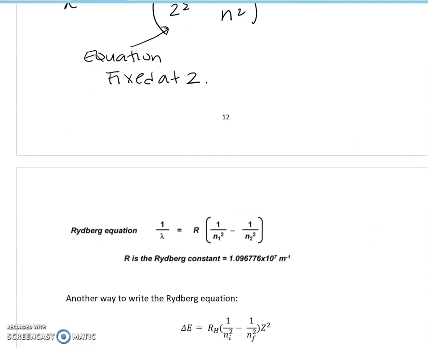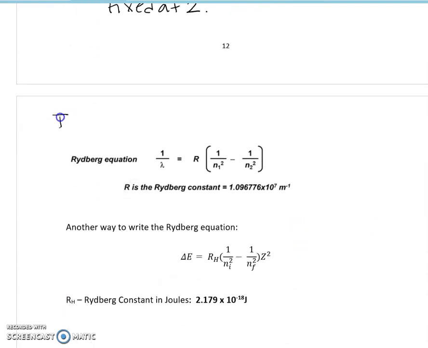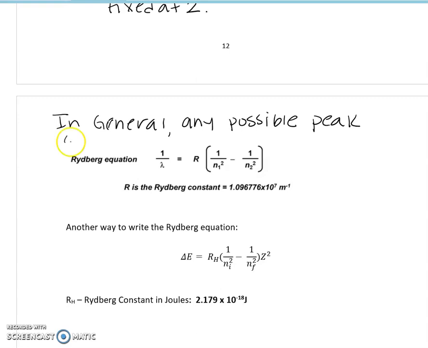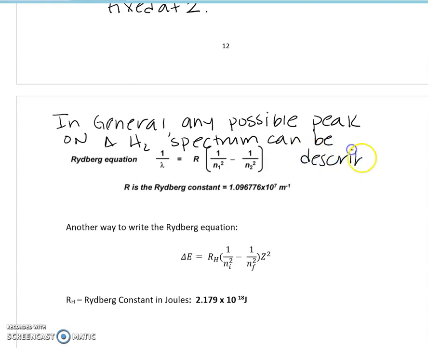Now in general, any possible peak on a hydrogen spectrum can be described by the Rydberg equation. Okay, so that's this equation.